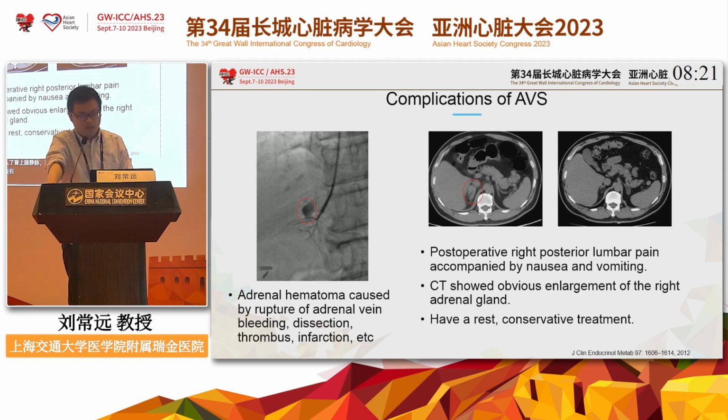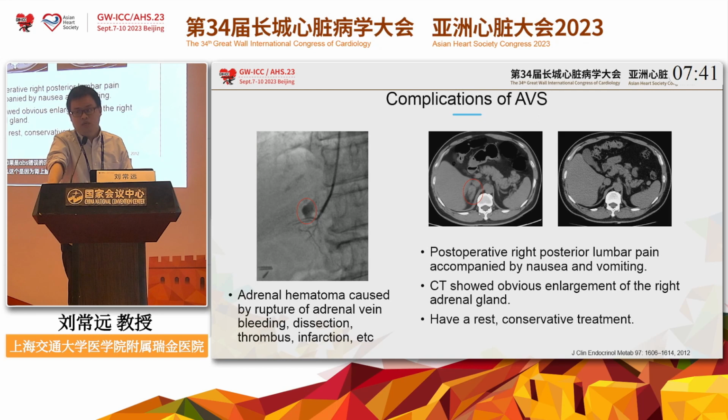The complications of AVS. The only major complication of AVS is adrenal hematoma caused by rupture of the adrenal vein, maybe bleeding, dissection, thrombus, infection, and so on. The rupture of the adrenal vein is characterized by sudden lumbar pain persisting after or during AVS, but this complication could be resolved after a few days of conservative treatment.